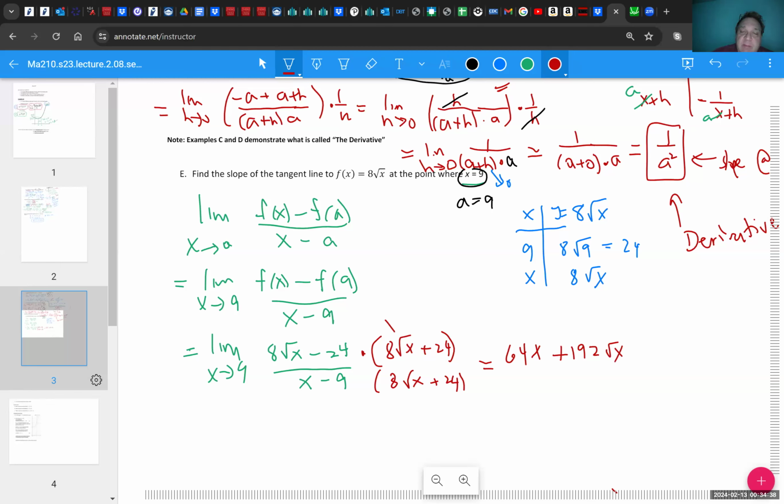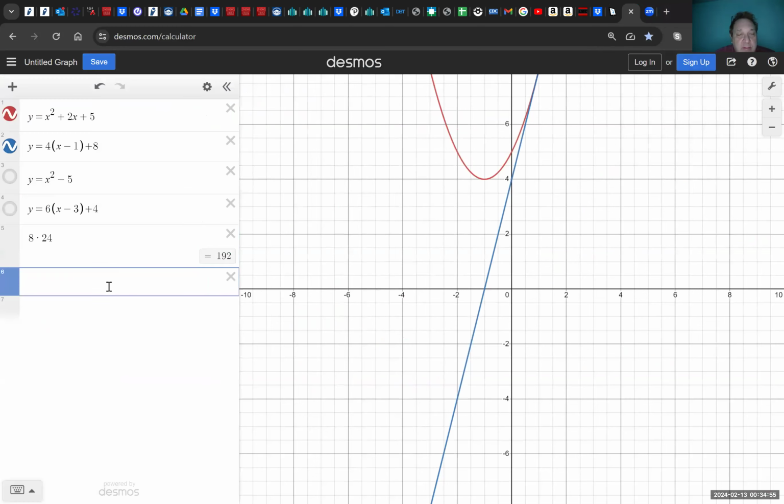And then I have the minus version of that also, so I have minus 192 root x. Those are going to add to 0, which is kind of nice. And then lastly, I have 24 times 24. I have to use a calculator for that as well. And that's 576.